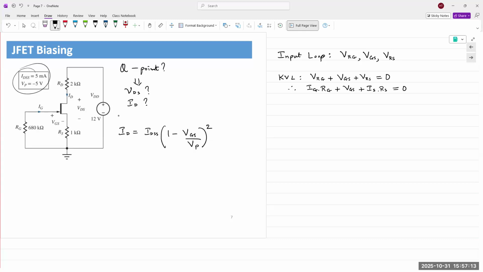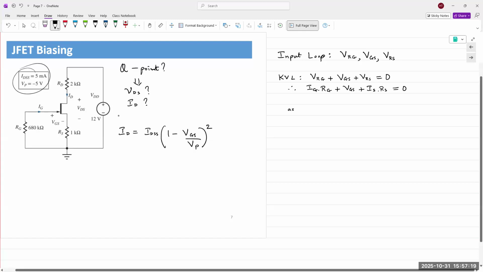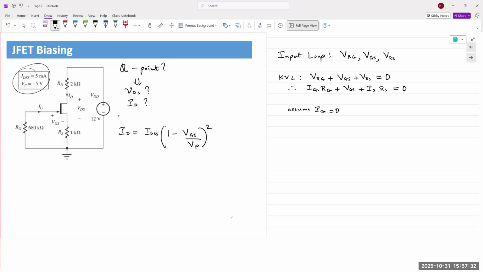Typically, gate currents are very, very small. So if we assume IG is equal to 0, the assumption is purely for convenience. We assume it to be 0 so that it eliminates one quantity.